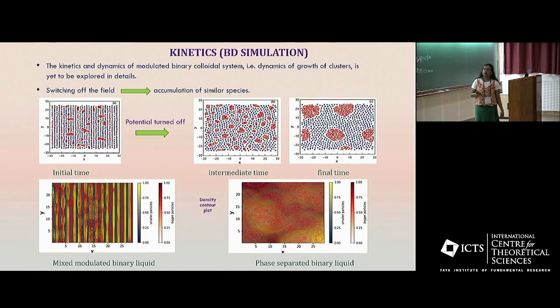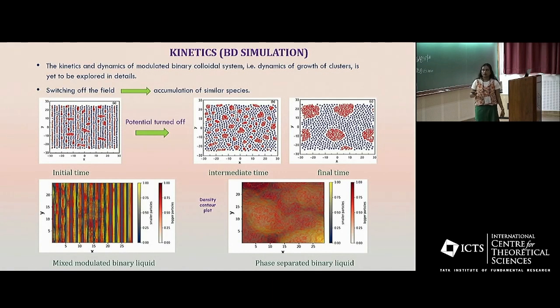Now we look into the kinetics of the system. We start from the mixed modulated state, turn off the external modulation, and let the system evolve in time via Monte Carlo simulation. We observe that in time, more and more clusters of smaller particles gradually come into the scenario again in a background of the bigger particles.